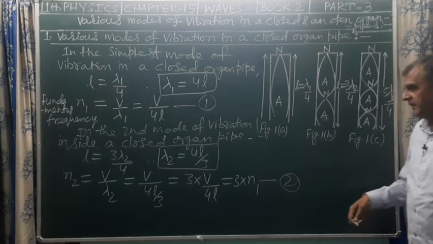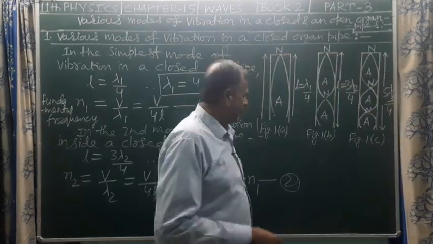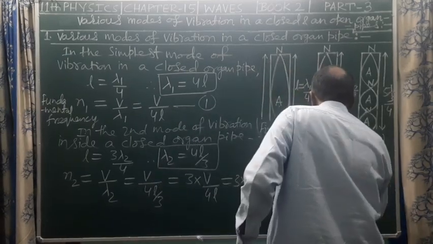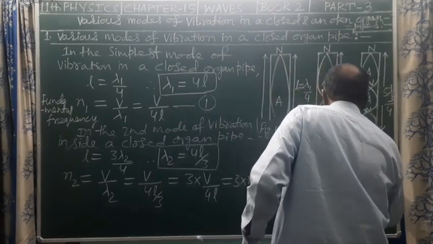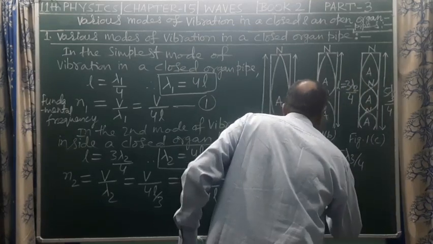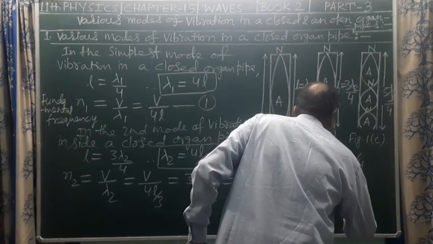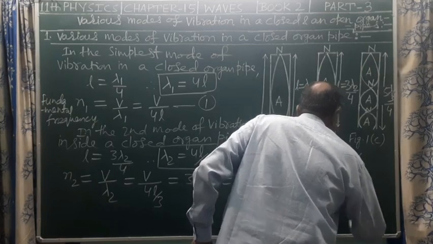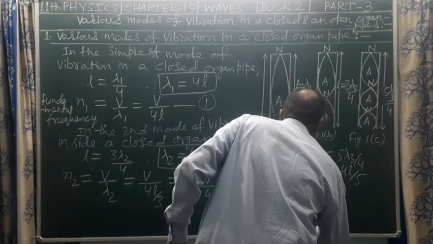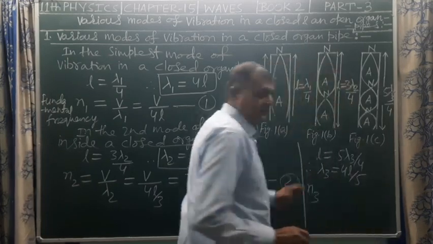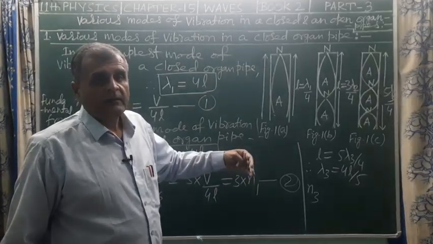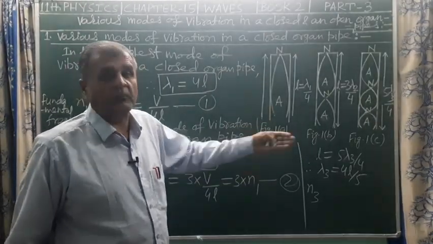So the length of the tube in this case, that is in the third mode of vibration, is L equals 5 lambda 3 upon 4. Therefore, lambda 3 equals 4L upon 5, and hence the third harmonic N3, or second overtone.